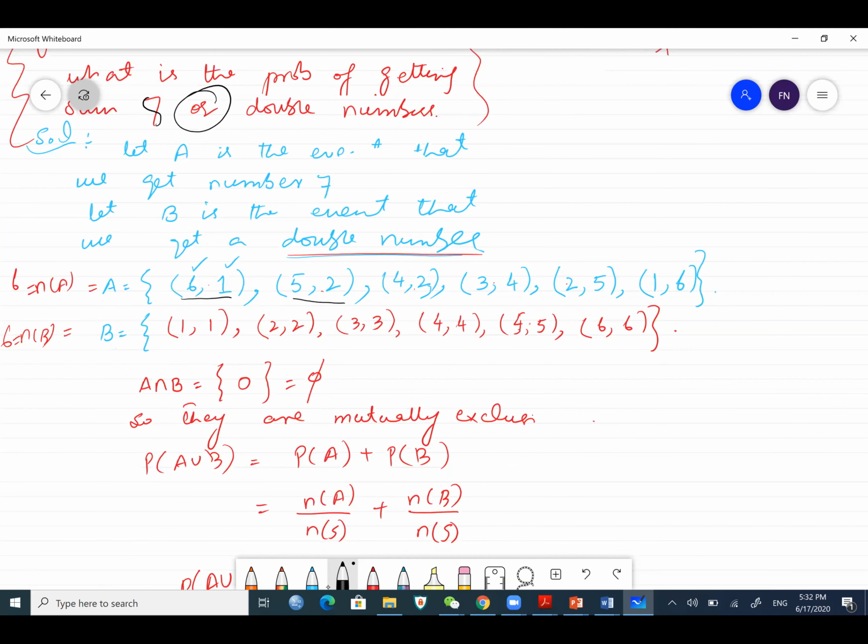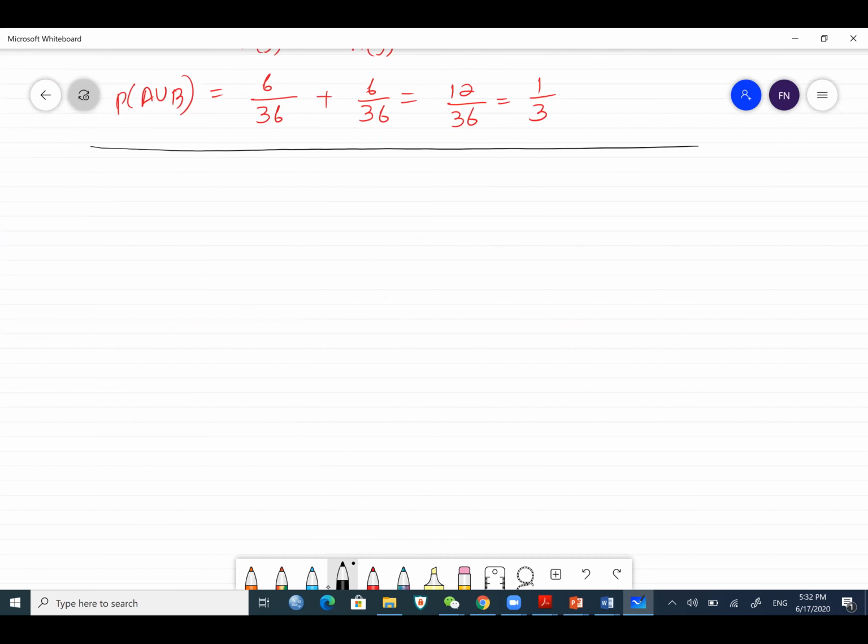Again, in that case, let A be the event of getting sum equals to 8.